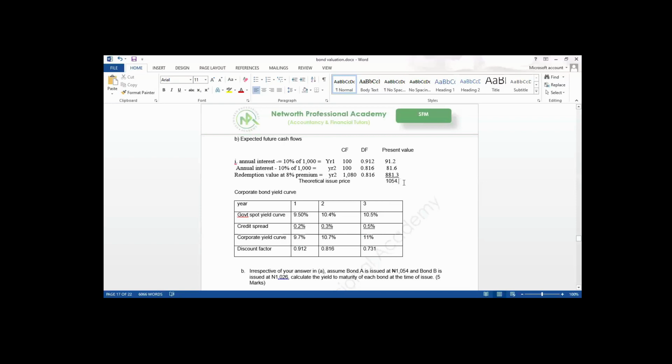To the nearest naira, our answer is 1,054. You have calculated the theoretical issue price of bond A.